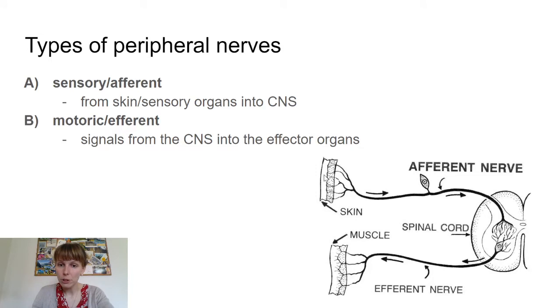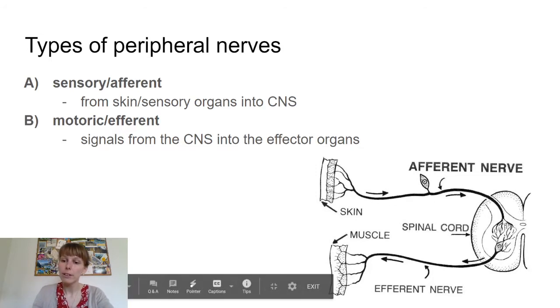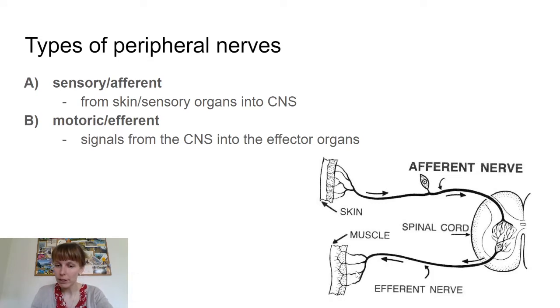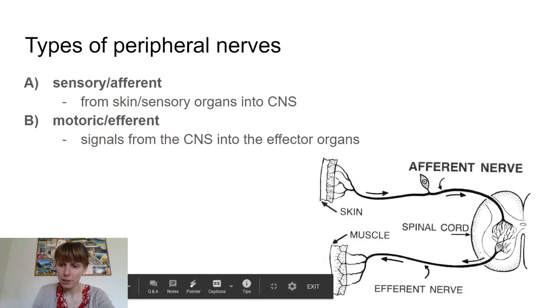So you will touch the hot surface, information will be carried into the spinal cord. Here the neuron will form a synapse with the motoneuron. It will tell it, okay, we burned ourselves, and the motoneuron will carry the information to the muscle, and you will quickly move your hand away. So this is the most straightforward example, the reflex.